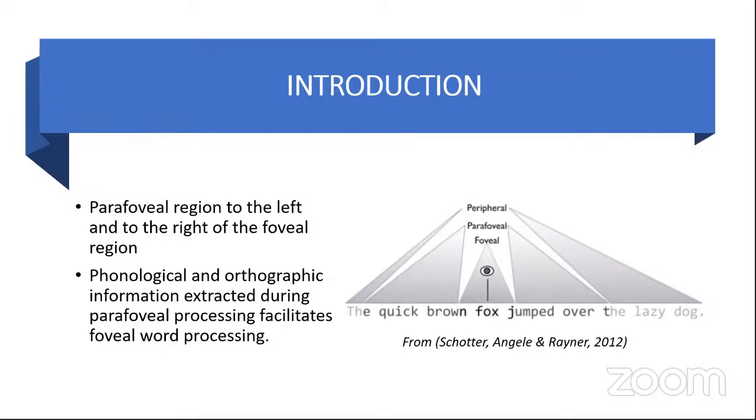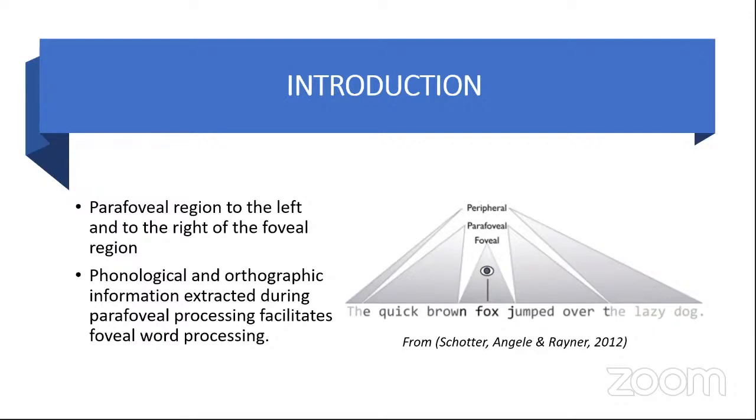Many studies have shown that to the left and to the right of this foveal region, there is the parafoveal region. And readers can receive some information parafoveally before fixating on the word.